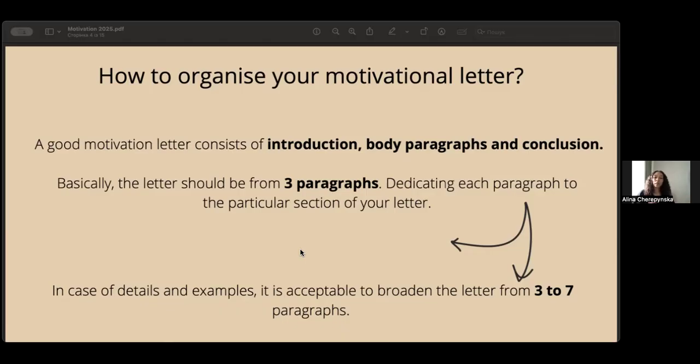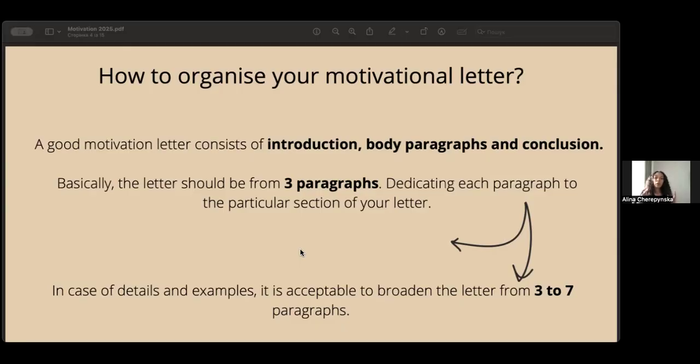One paragraph for introduction, two or three for body parts, and one for a conclusion. The structure is pretty similar to essay writing: 5% of writing is introduction, 5-10% is conclusion, and all the rest is the body paragraphs.